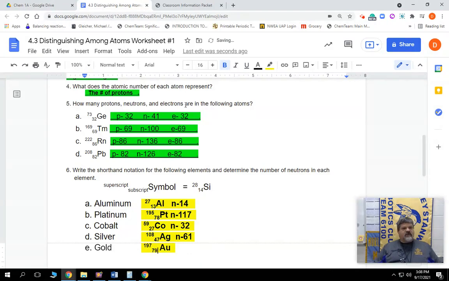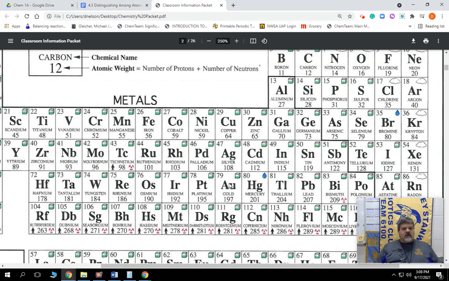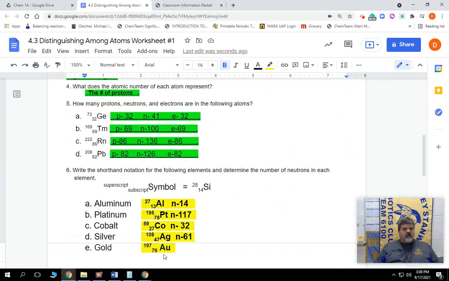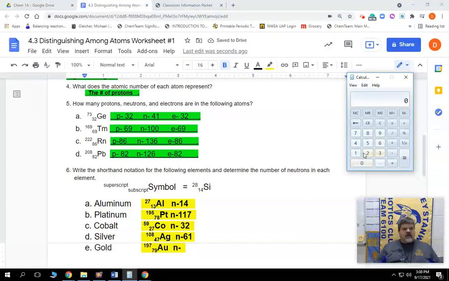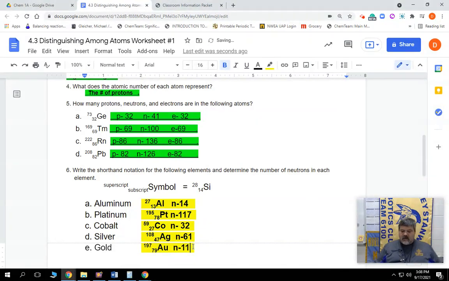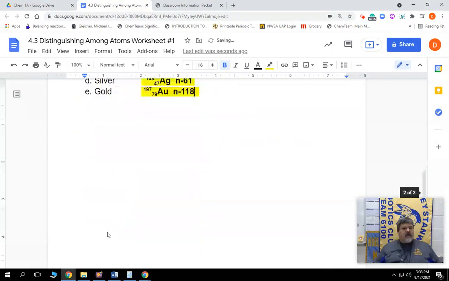Let's double check those numbers again. Always got to double check. Gold, 197, 79. Then we're going to figure out the number of neutrons. Get out the calculator, 197 minus 79 equals 118. So we have 118 neutrons.